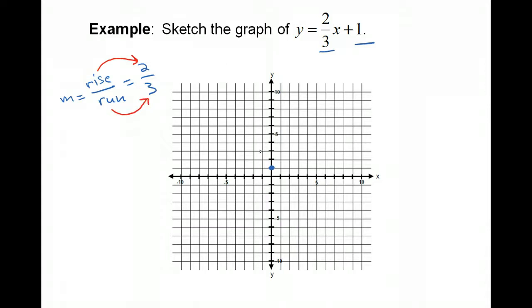So let's go back to our y-intercept. If I rise 2 and run 3, I end up with this point right here. Once I get that point, I can do it again. I can rise 2, run 3, and put another point if I want. All I really need is 2 points, and then I can draw my line.